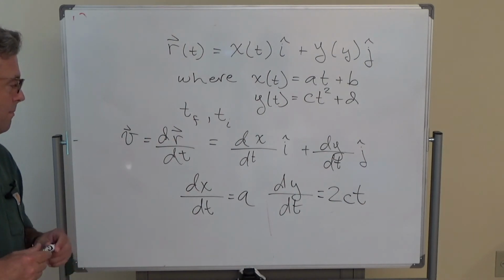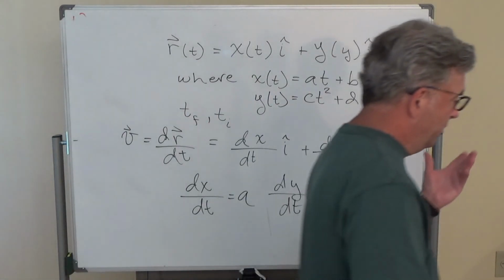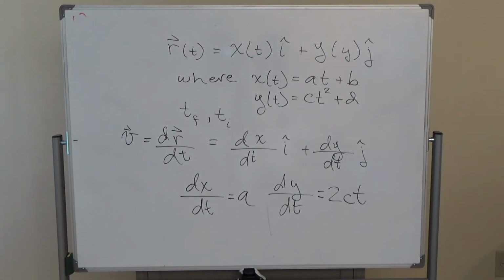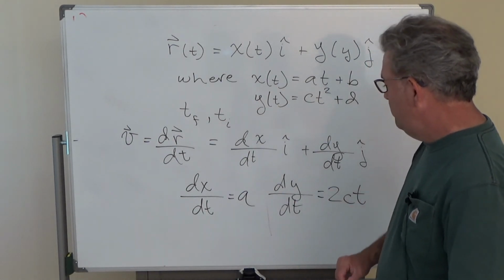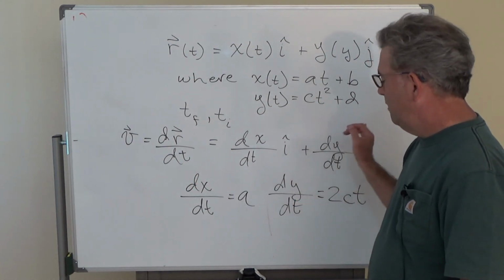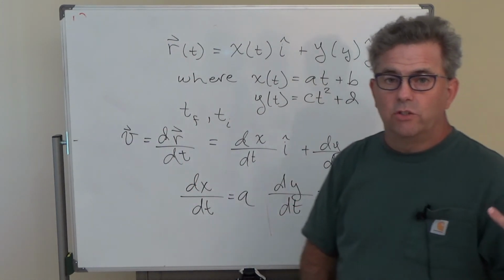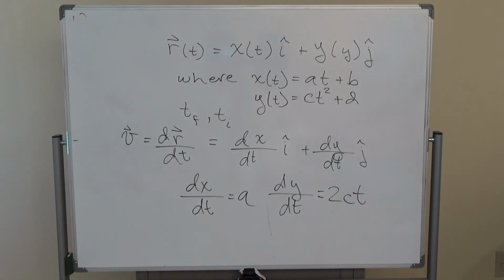Plug those values in, and sum the squares and take the square root because you're finding the components of the velocity, and that'll give you the magnitude of the velocity at t equals 2.20 seconds.